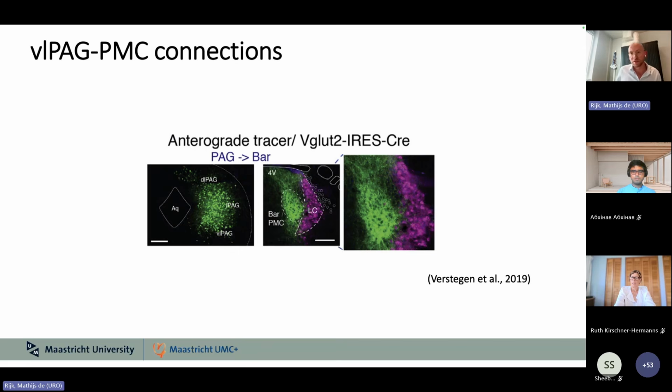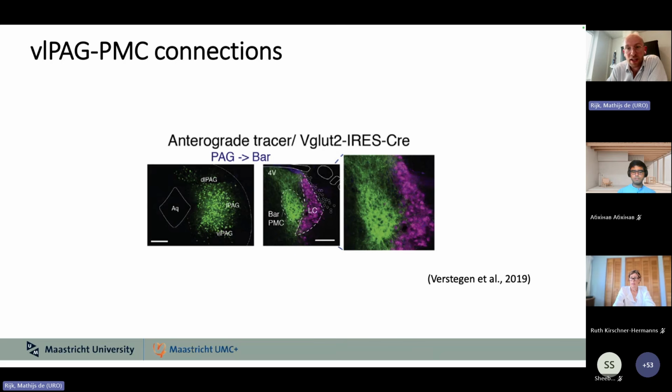And stronger evidence for that is actually shown in this study, which is also an anterograde tracer. So the injection was done in the PAG. And this is done in a mouse model, so VGLUT2-IRES-Cre mice.